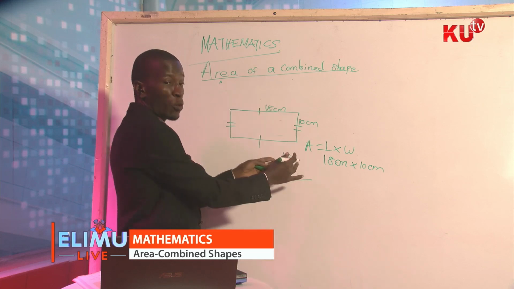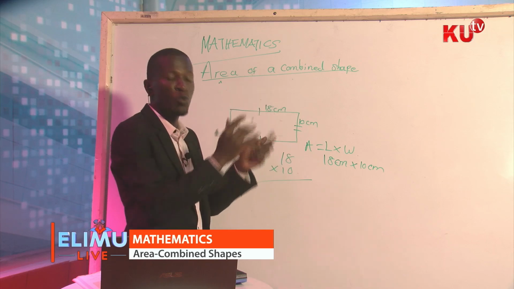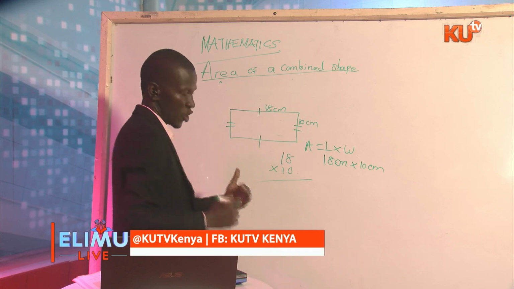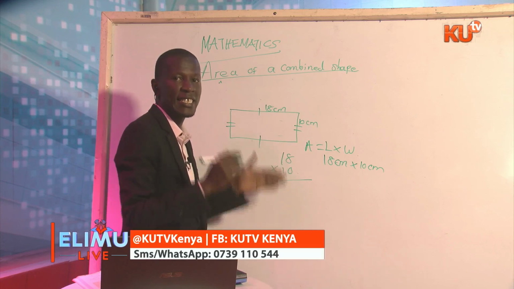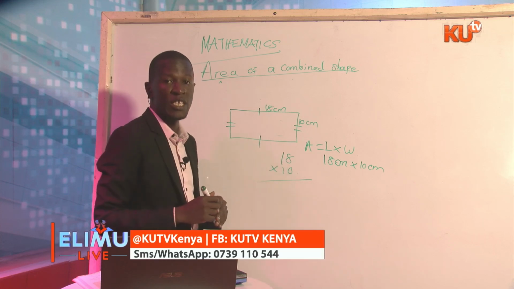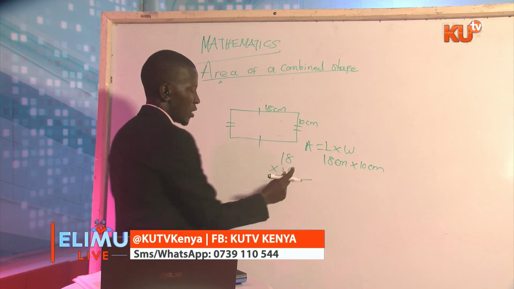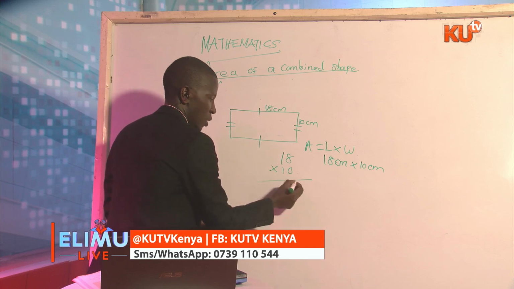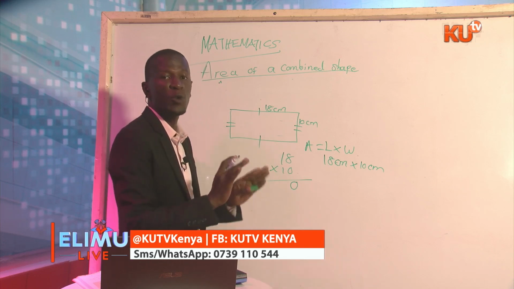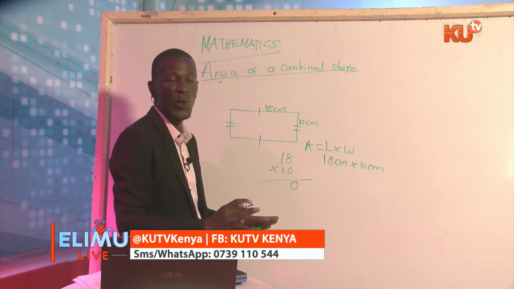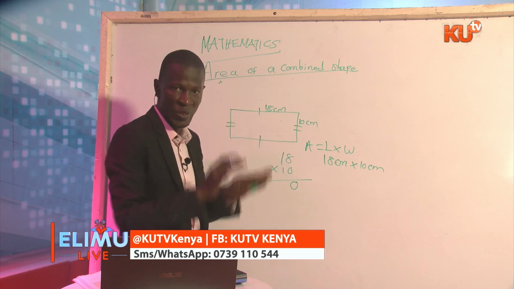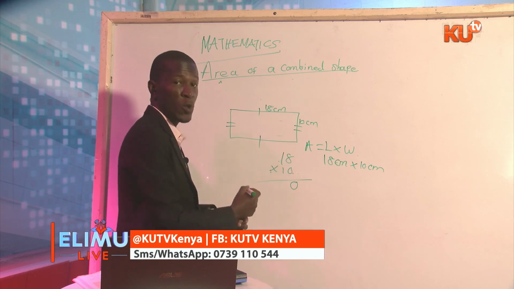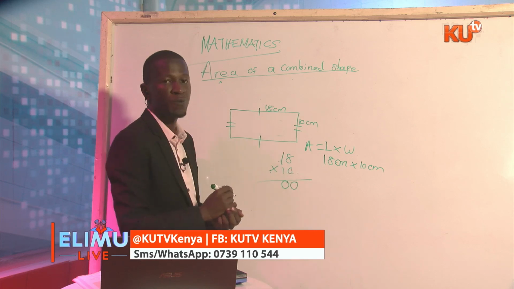So the number on the top, which is 18, we are going to multiply it with each and every digit of the number which is down here, that is 10. So we start with digit 0. 0 times 8 is equal to 0. Anytime you're multiplying any number with 0, the answer is always 0. 0 times 1 is equal to 0.